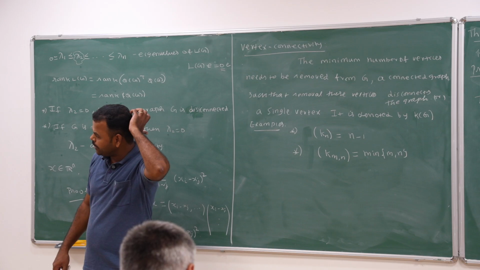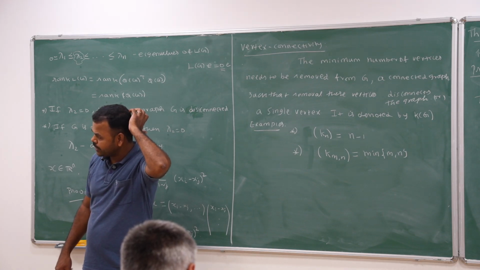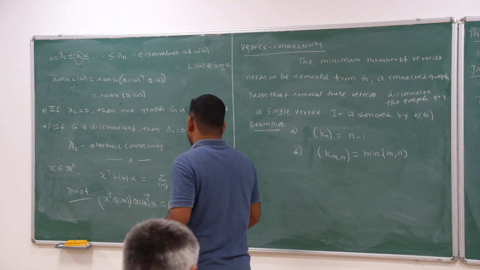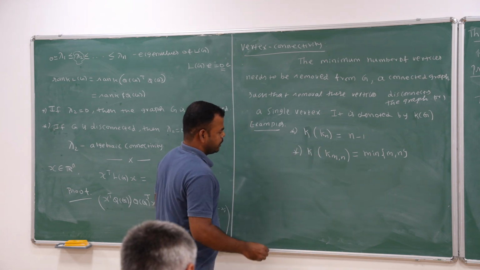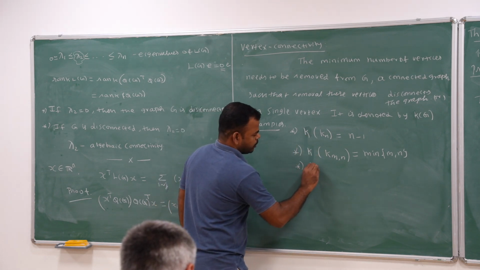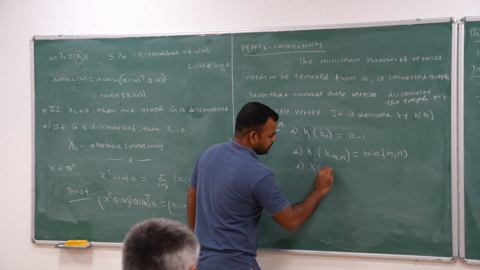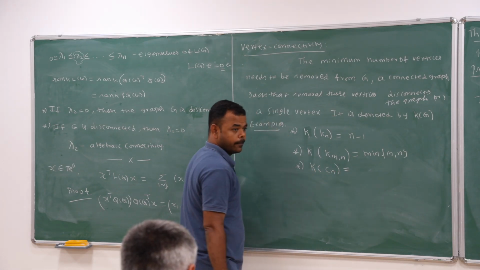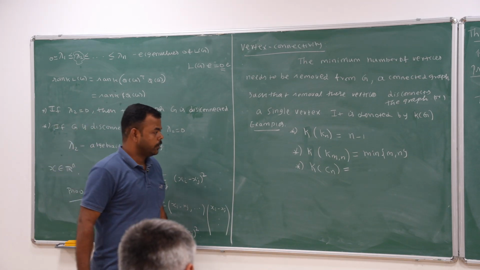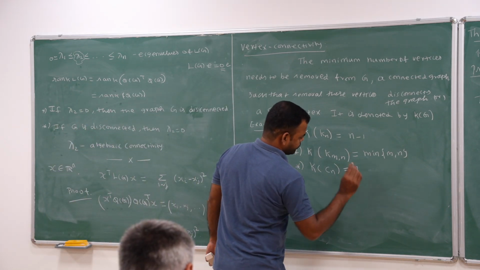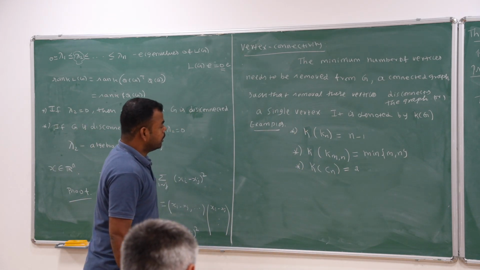Alpha for vertex connectivity, beta for edge connectivity. Okay, I will use kappa. Then what about Cn? Cn is 2, and so on.